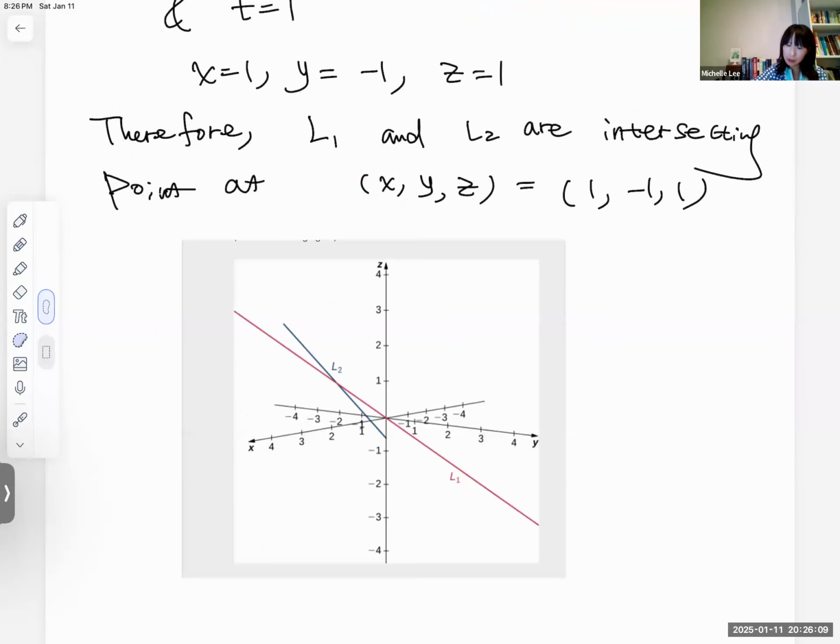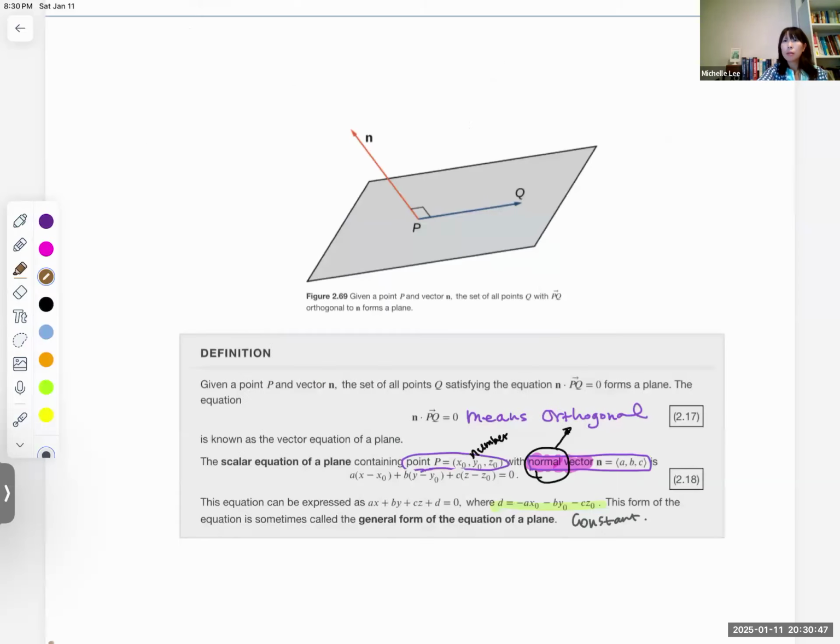Okay, so here is the picture of the intersecting point. So let's denote this point 1, -1, 1. Okay, so here is a picture.